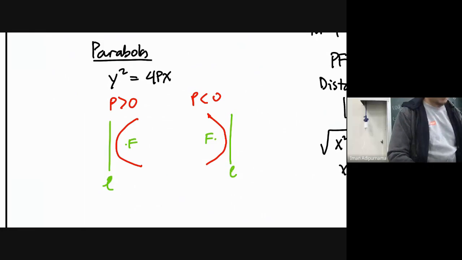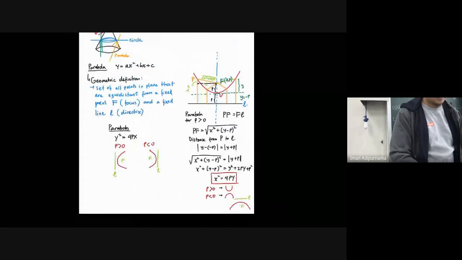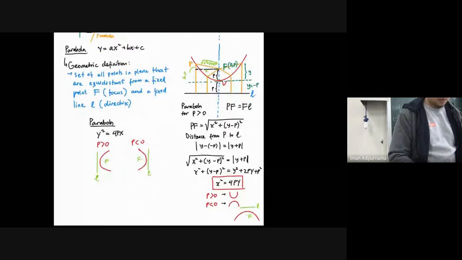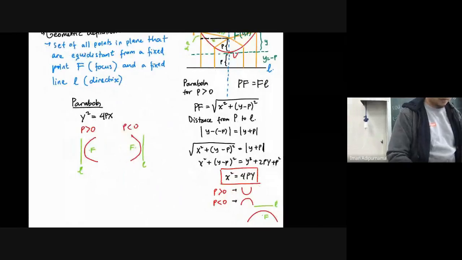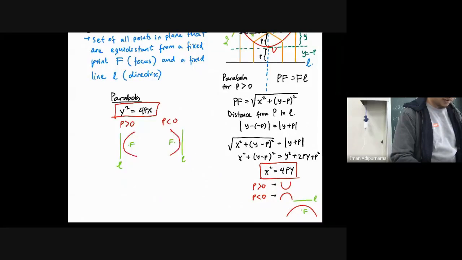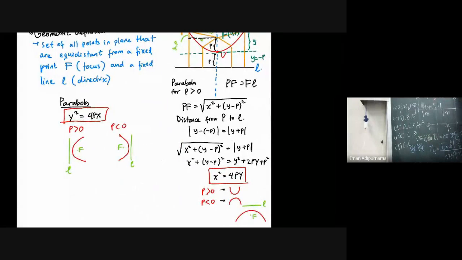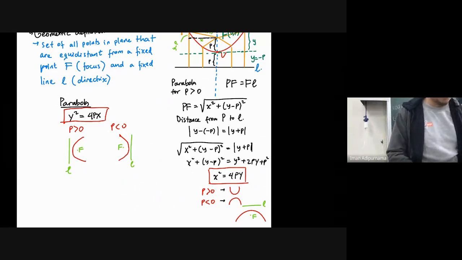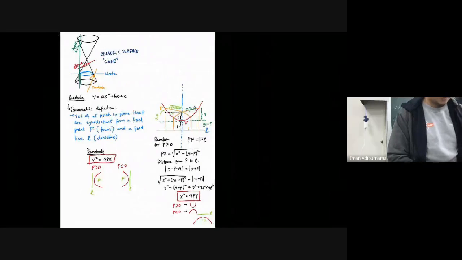Let me give you a simple example for this parabola. So these two forms: either y squared equals 4px or x squared equals 4py. That's the two forms of parabola. Let me give you an example.